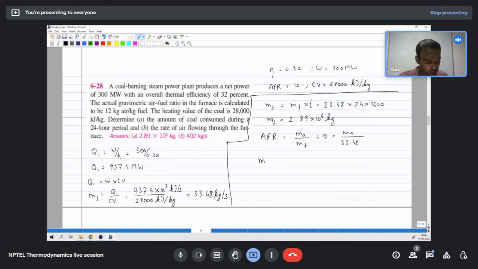So m dot A is 12 into 33.48. So this is 401.76 kg per second. I hope the problem is clear.